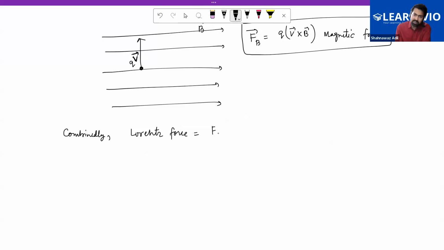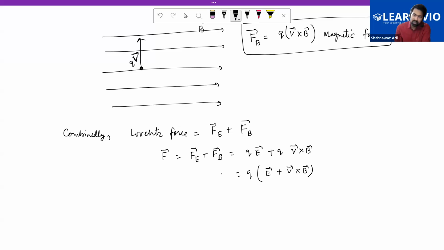This is the electric force plus the magnetic force, so this is QE, and then this is Q v cross B. Q we can take common, and this will be Q times E plus v cross B. So this is the Lorentz force.